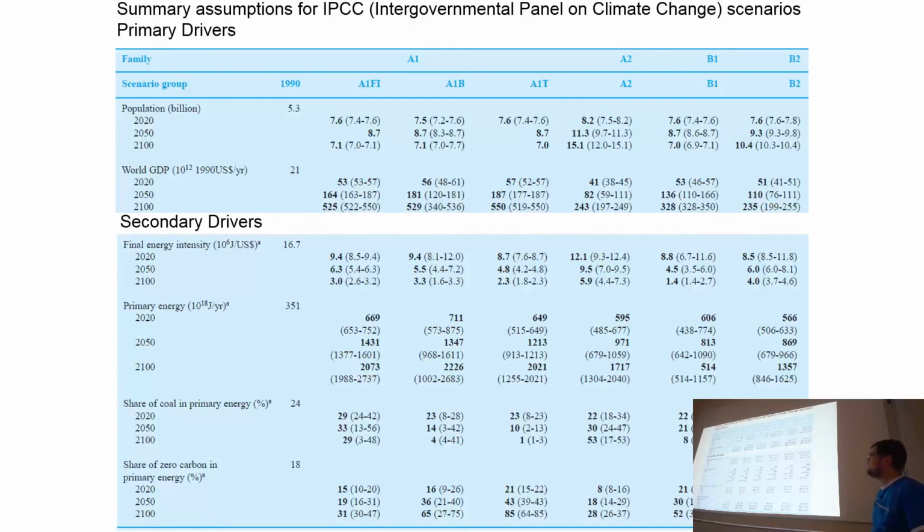We basically have to think about, I think you've got these tables in your, at least some of these tables, what the world population is going to be, and then what the economic activity of that population will be in terms of money, how much money each person is going to make, and then also the energy intensity. So for each pound that each person earns, how much carbon do they need to burn to earn that pound?